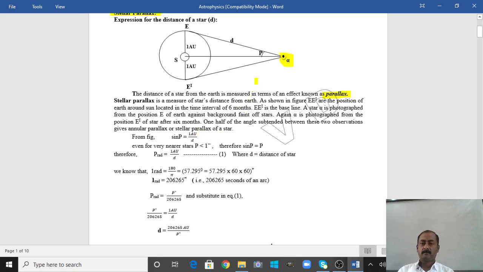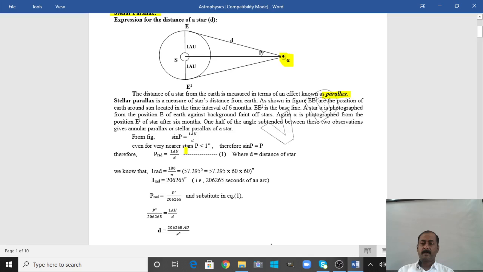Here from figure, sin p equals 1 astronomical unit upon d. Here p is the subtended angle. From the right angle triangle S E alpha, you can define sin p. Sin p means opposite is 1 astronomical unit, hypotenuse is d, the distance between the star and the surface of the earth at the position E. Therefore sin p equals 1 astronomical unit upon d.